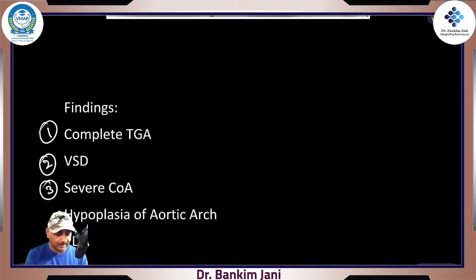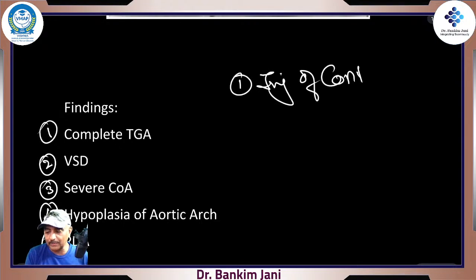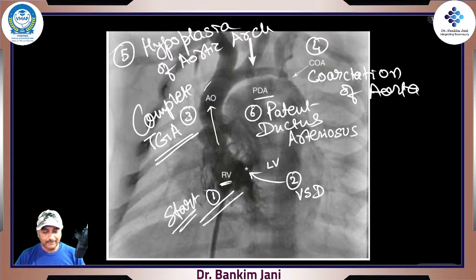Hypoplasia of aortic arch. Yes, we saw that. And there is patent ductus arteriosus. These are the things which we are watching, right? And in that, our one was the injection of contrast media, right? That was just for understanding contrast media. So basically we have got 5 complications, right? So these are the complications.